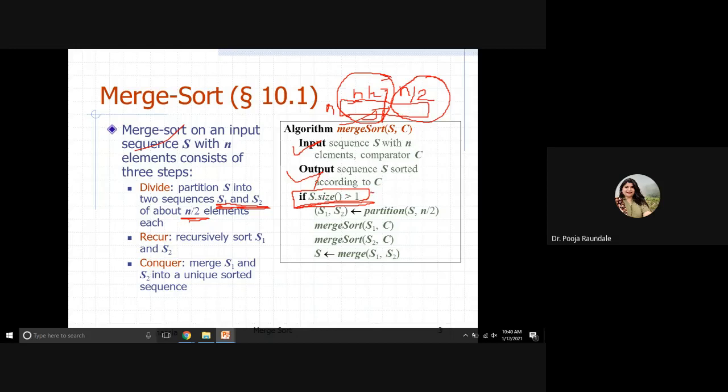So we partition it into half as long as the size is greater than 1. S1 and S2 would be partitioned from S into size n by 2. Then we apply merge sort to the first part, and then to the S2 part, and then we merge S1 and S2.